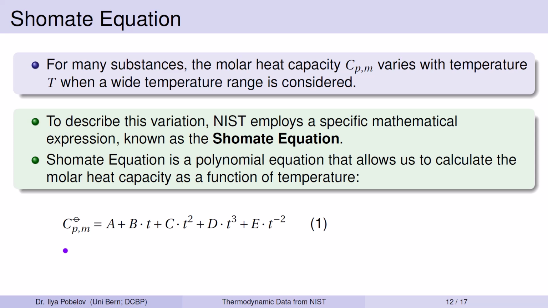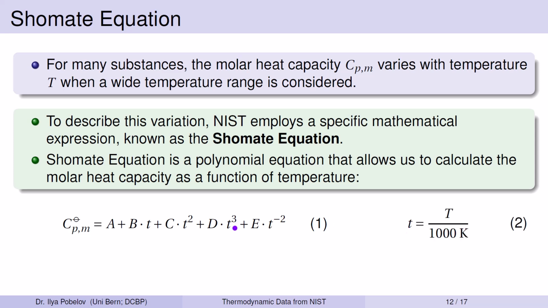It is expressed as Cpm equals A plus B times t plus C times t squared plus D times t cubed plus E times t to the power of -2.